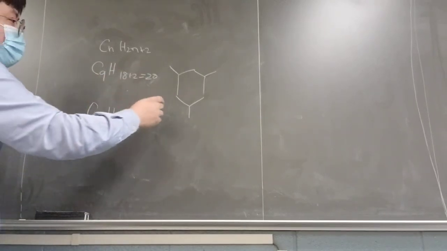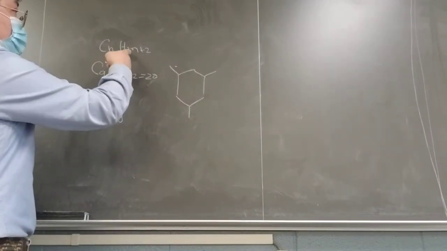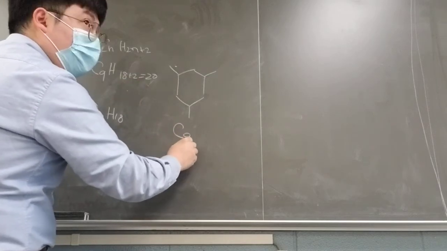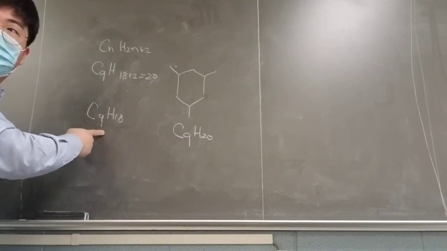So you can say there are 9 carbons, and with CnH2n+2 it'll be C9H20. Then it's wrong. You see that, right?